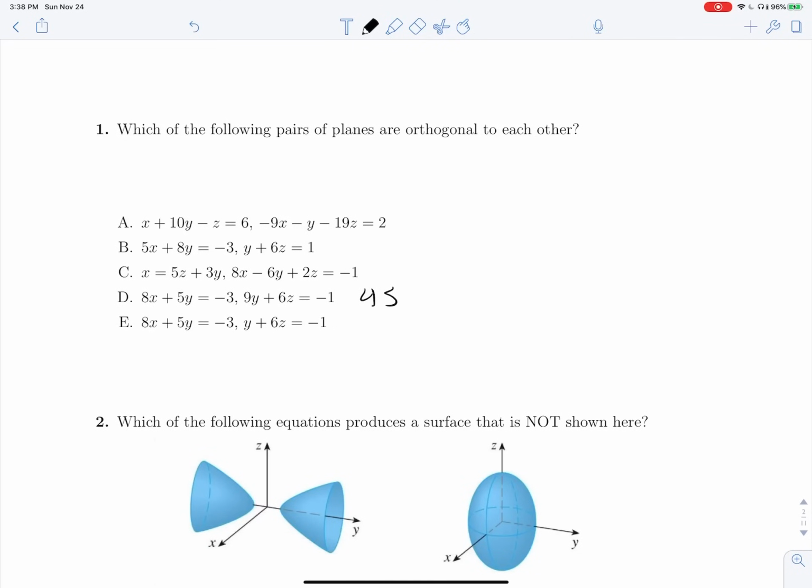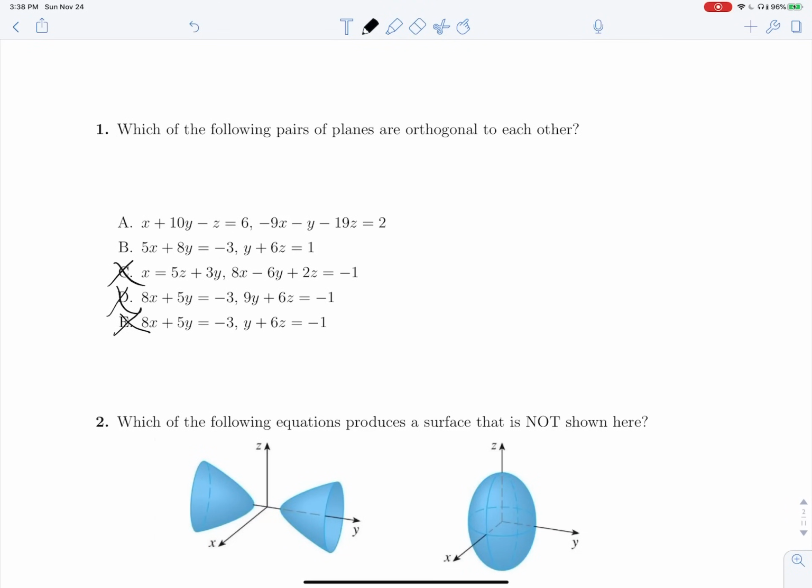If we take this dot product here, we can express this as 1, -3, -5, dotted with 8, -6, 2. And this will be 8 minus 16 minus 10. And I don't care enough to do the addition because that's definitely not 0. So we've ruled out these guys.